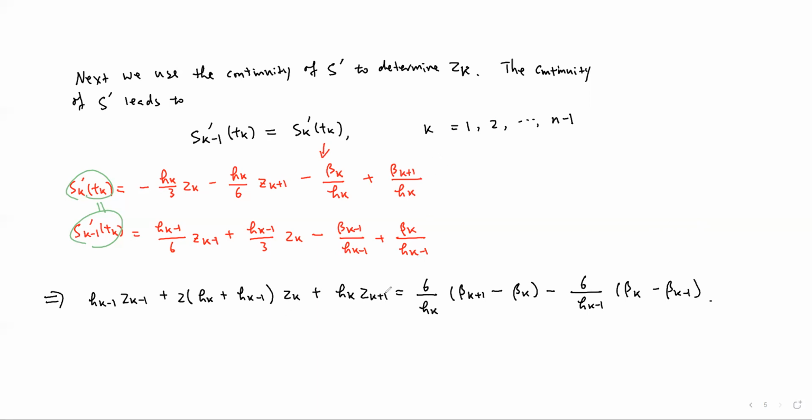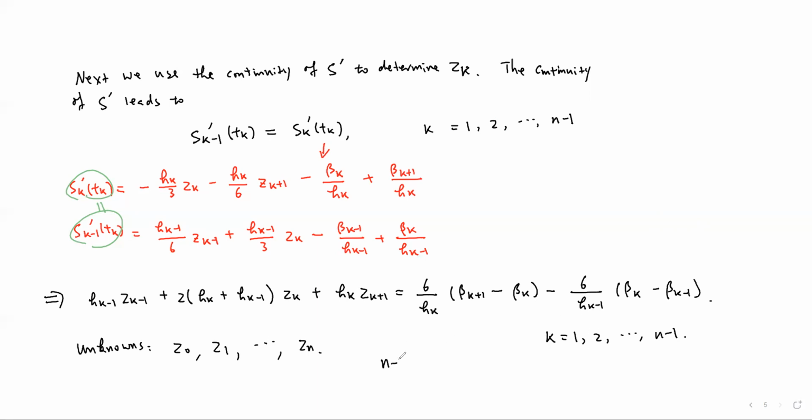This is for one k. Now k is from 1 to n minus 1. So here we have n minus 1 equations. How many unknowns? When k is 1, c k minus 1 is c0, unknown. C0 unknown, c1 unknown. And when k is n minus 1, there is a c k plus 1, so cn unknown.